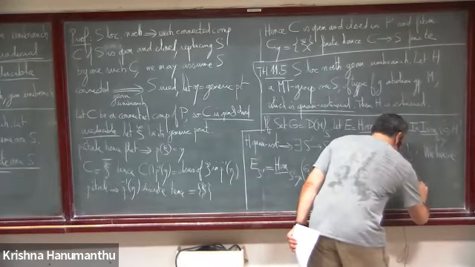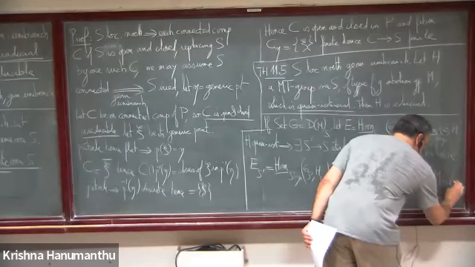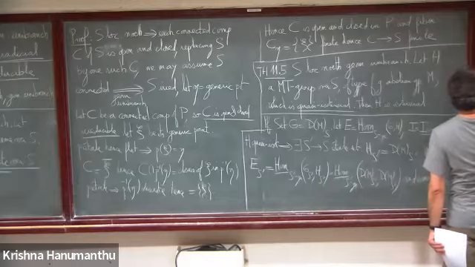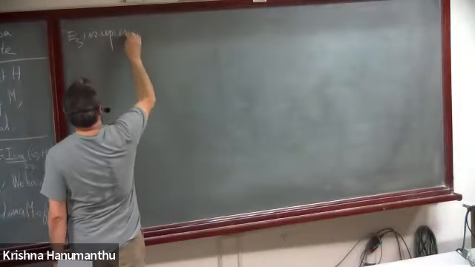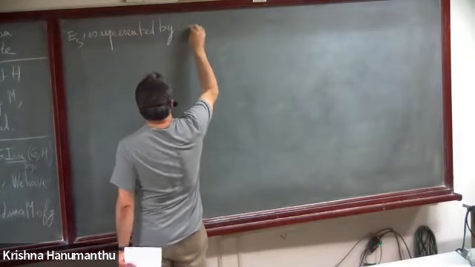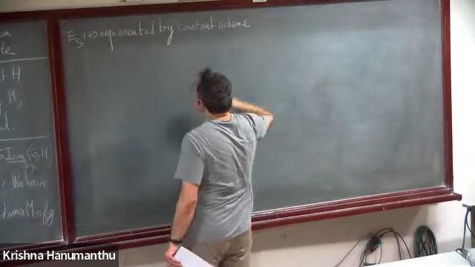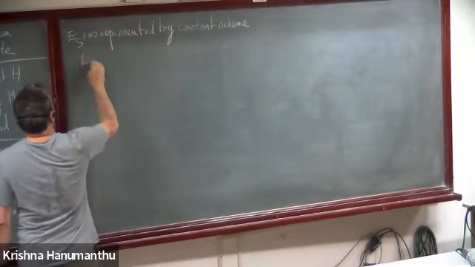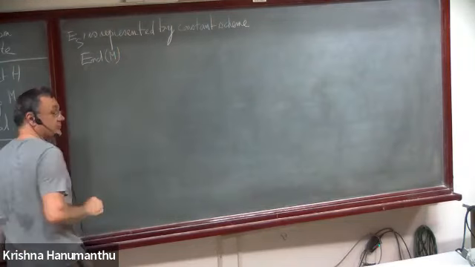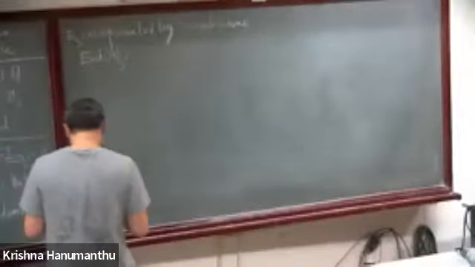Since M is finitely generated, E S prime is represented by the constant scheme; we just take the endomorphisms of M, and this is the constant scheme over S prime corresponding to this set.